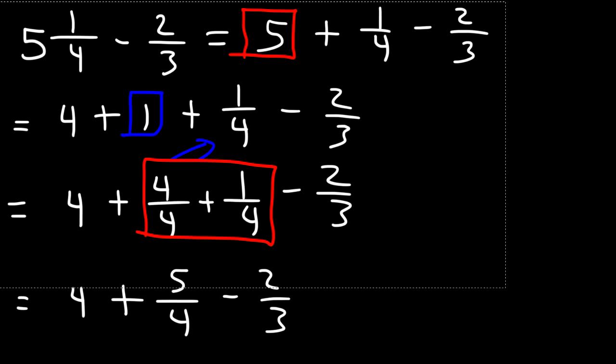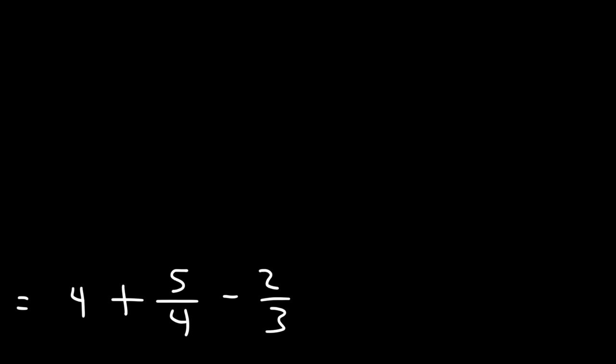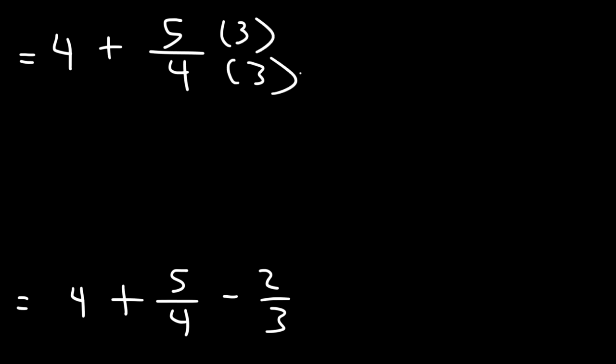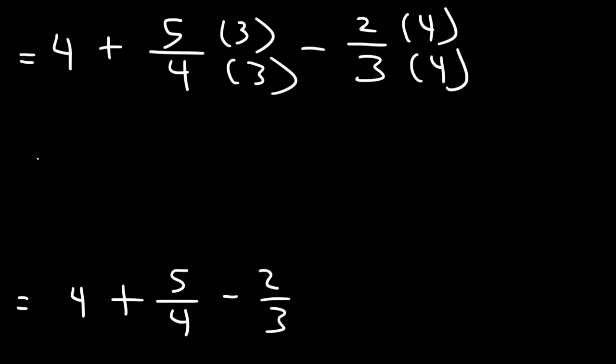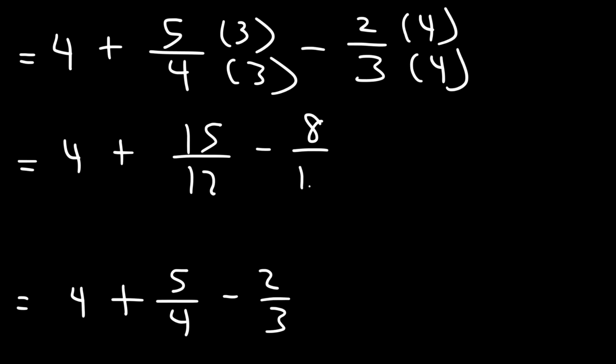Now at this point, we can get common denominators. So the common denominator between 4 and 3, it's going to be 4 times 3, which is 12. So I'm going to multiply the first fraction by 3 over 3 and the second fraction by 4 over 4 in order to get the common denominator of 12. 5 times 3 is 15, 4 times 3 is 12. 2 times 4 is 8, 3 times 4 is 12.